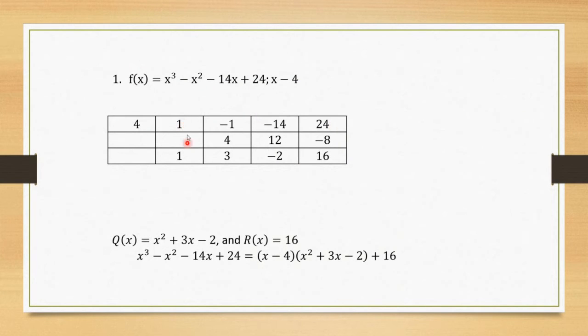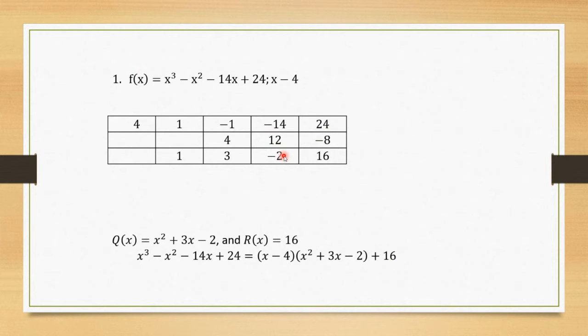The 1 we bring down. Now we have 4 times 1, but we know that's going to be 4. That's good. 4 plus negative 1 is 3. 4 times 3, that's 12. Minus 14 and 12, that's minus 2.